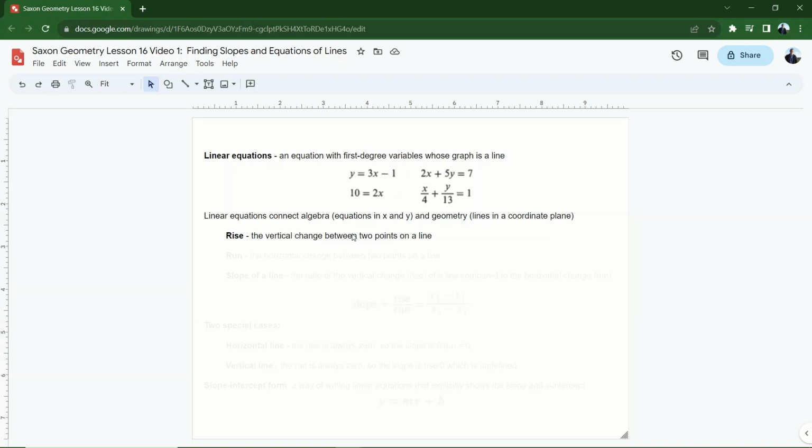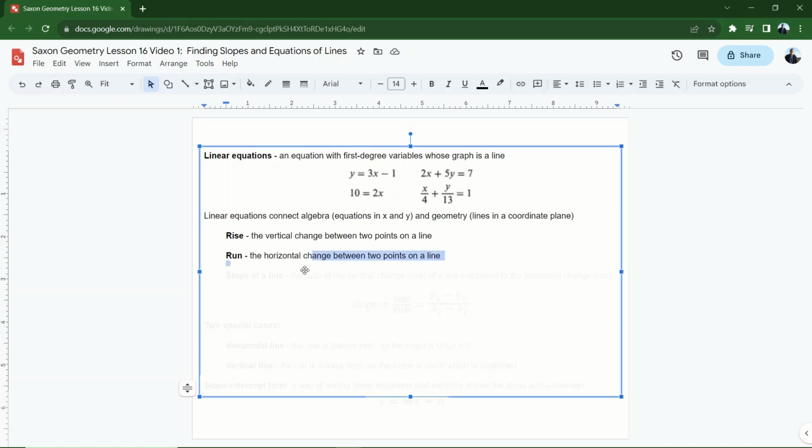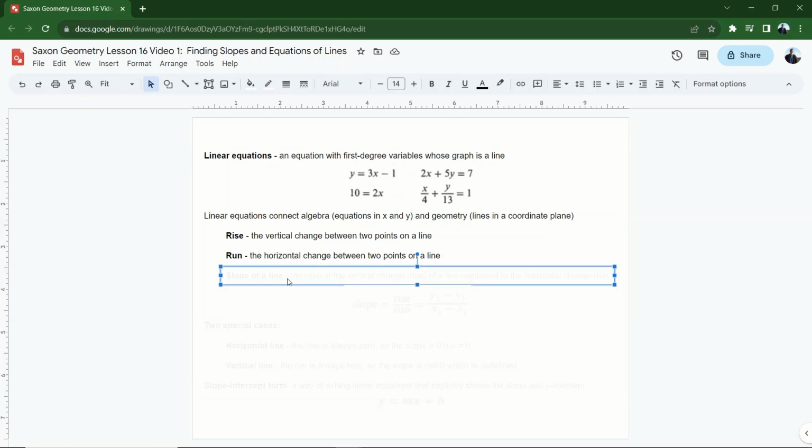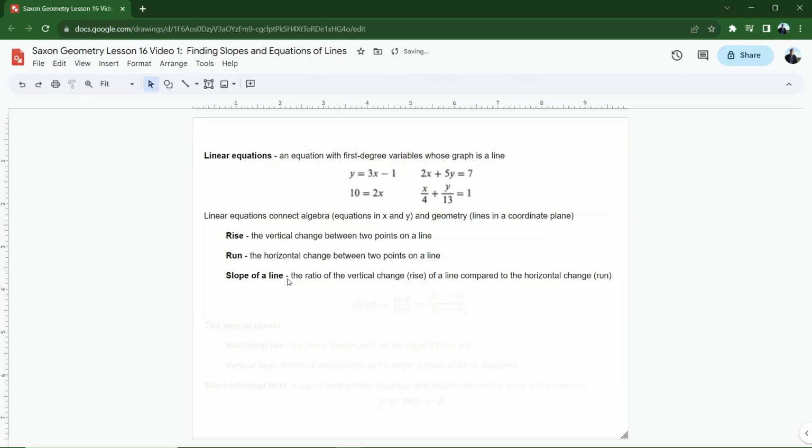Well, I can find the y coordinate for point B, and subtract from it the y coordinate for point A, and that tells me the rise, the vertical change. I can do the same thing with run, the horizontal change. If I take the horizontal coordinate from one point and subtract the horizontal coordinate from the other point, I get the change between the 2 points. We'll talk about why that equation is significant in just a bit.